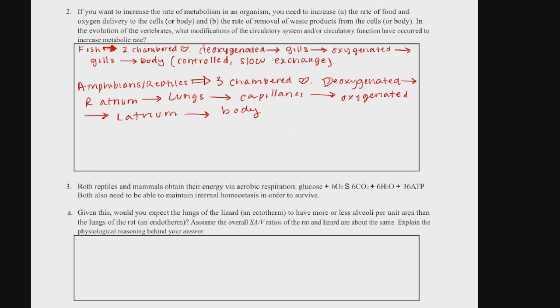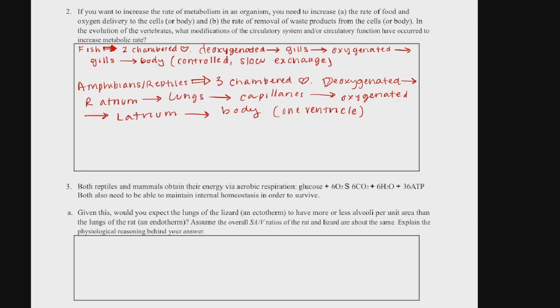So we can see things becoming more complex. Here there is only one ventricle. And so that one ventricle just tells us that there's still that potential of mixing between oxygenated and deoxygenated blood, which we see even higher in fish.